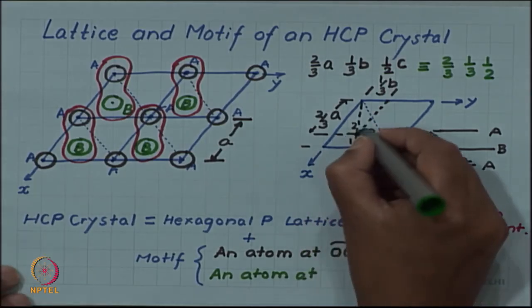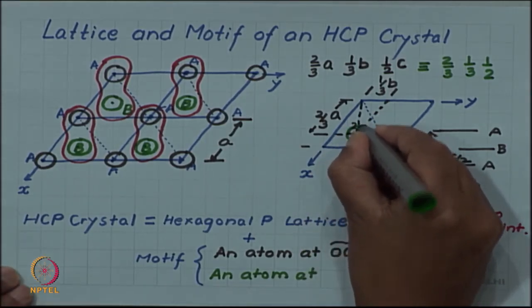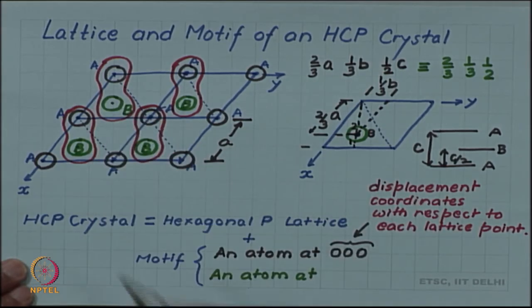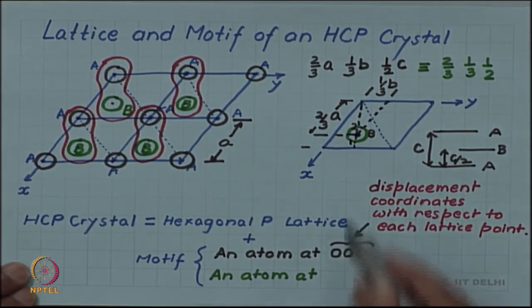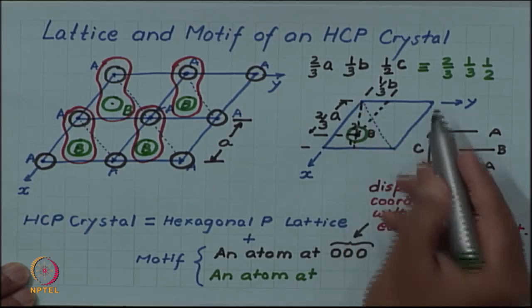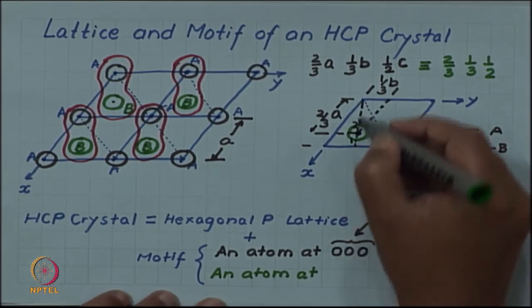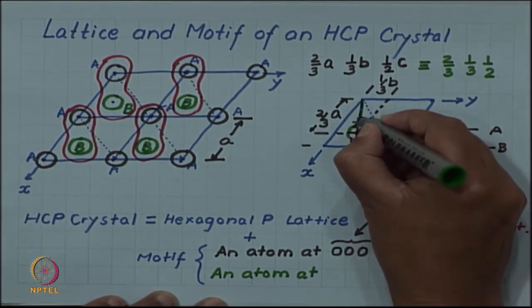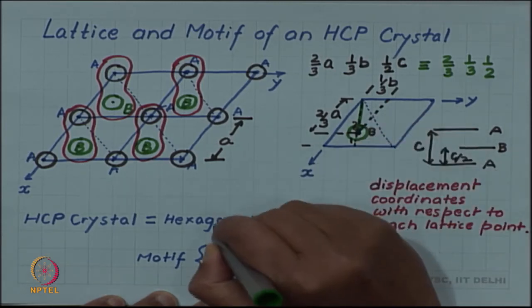So, which means the location of the B atom in the unit cell, or the location of B atoms with respect to the crystal coordinate system, this is the displacement vector with respect to the lattice point.